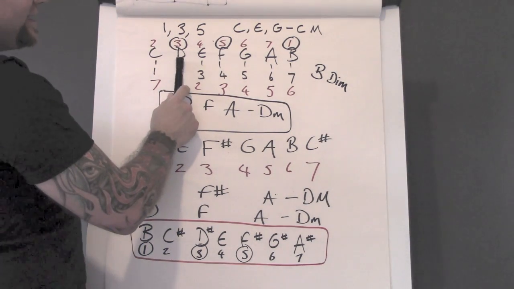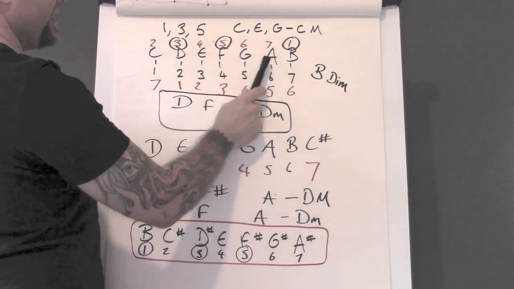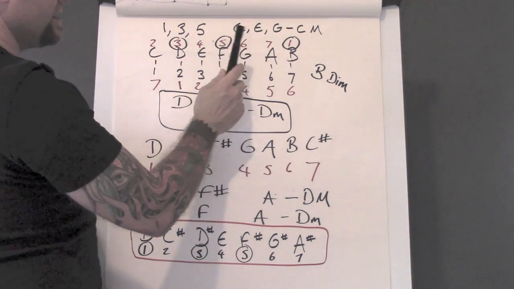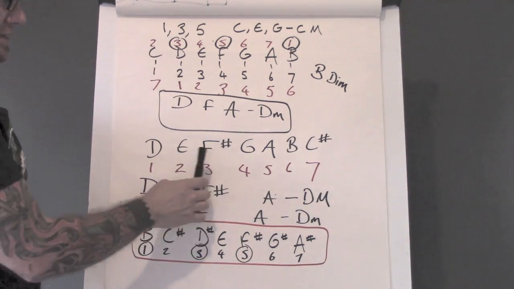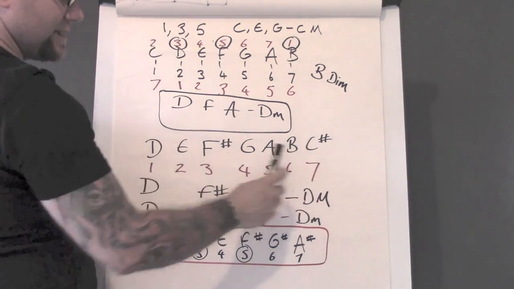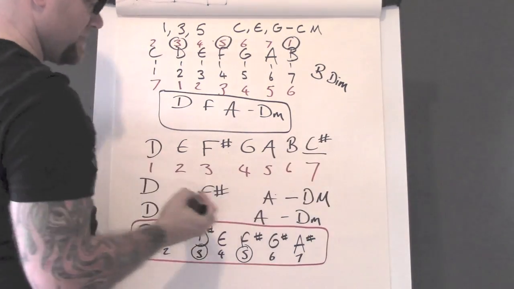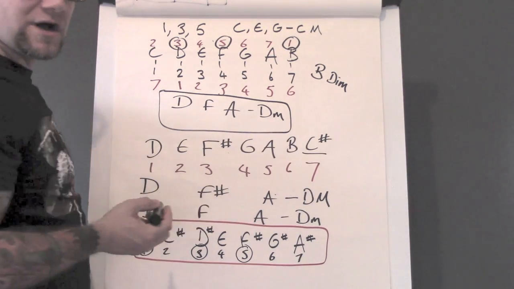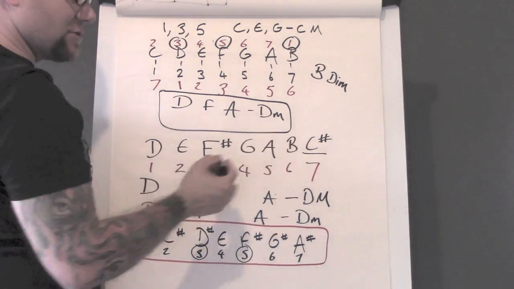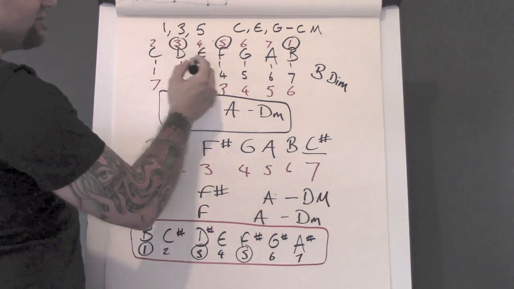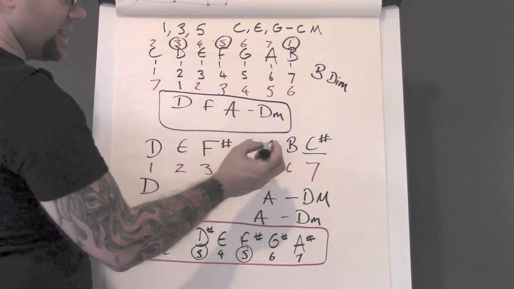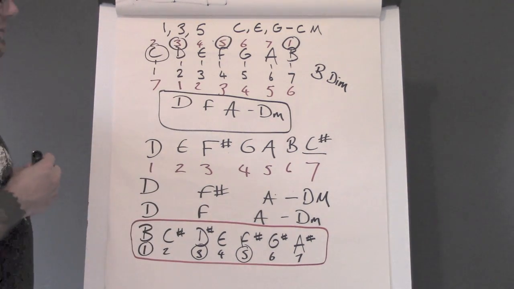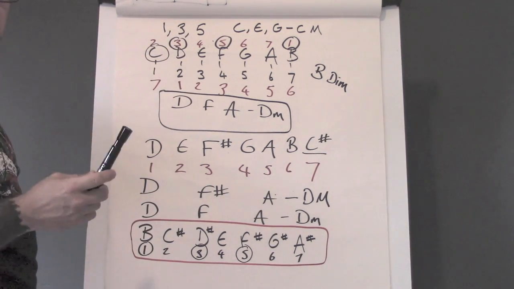Again, if we went with a D, you'd have D, F, A and C, which would give you a D minor 7, because it's a flat 7 in the key of D. Because in the key of D, you'd have D, F sharp, A and C sharp. That would be your D major 7 chord. But because we've got rid of the sharps, we've got D minor and a flat 7, which will give you a D minor 7 chord.